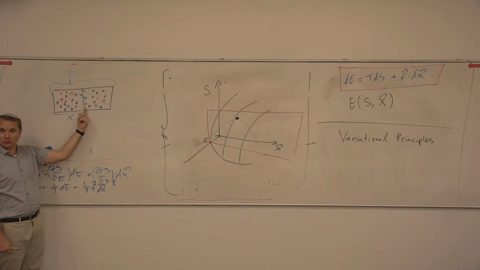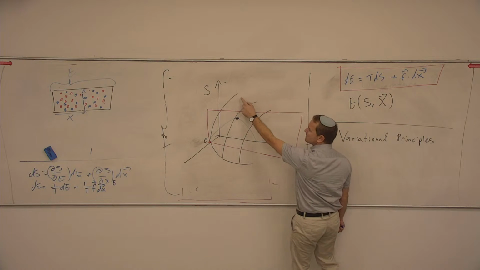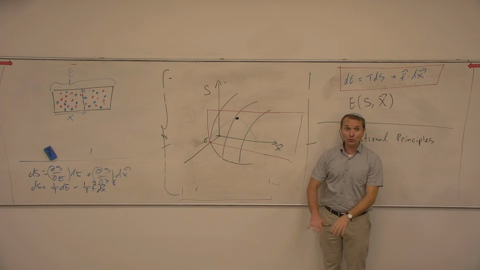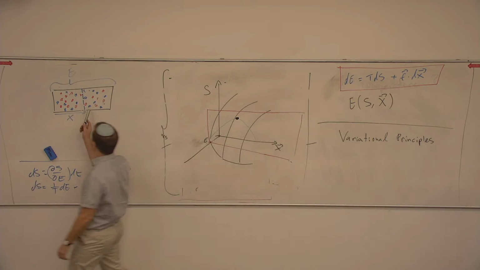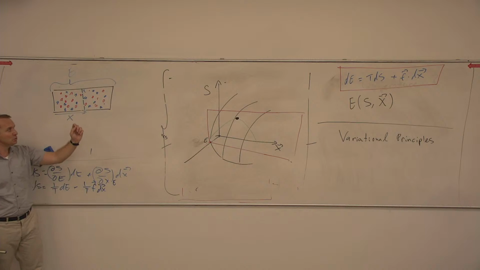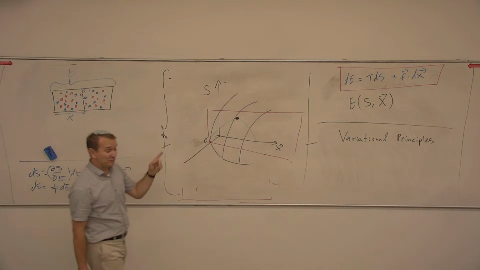The idea of the maximal value of the entropy says that if you plot all the different values of entropy for all the different positions of x, the equilibrium state is where this entropy is maximal. So this is the principle of the maximal value of the entropy.